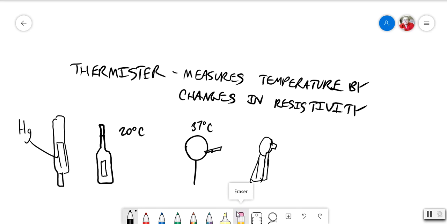They still made mercury thermometers right up into the late 80s, early 90s. Then they shifted to other non-toxic materials, although that can still be a problem because it can still break and shatter. And nowadays, almost the only kind of thermometers you have are electronic thermometers because the electronics became cheaper and easier to make. And once it became possible to use that, using a thermistor is much, much safer than using a mercury thermometer of the old fashioned type.